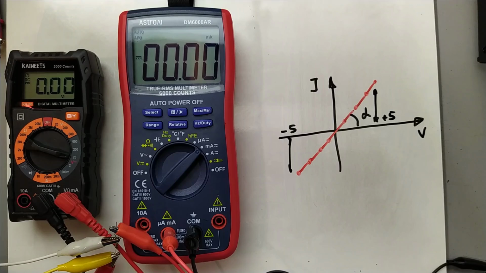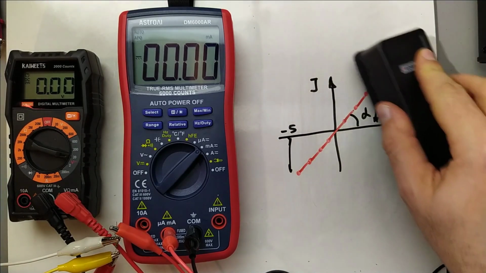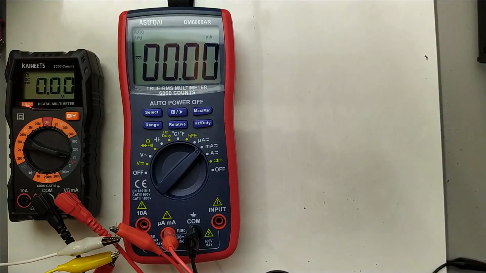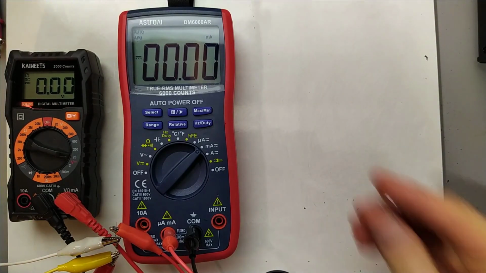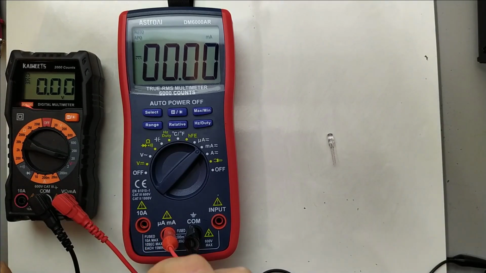So we have a linear and symmetric current voltage characteristic. So let us check another electronic device, which is a blue light emitting diode. We will do pretty much the same.